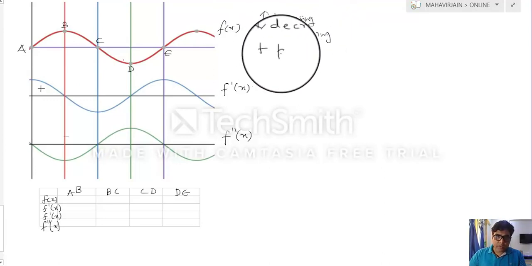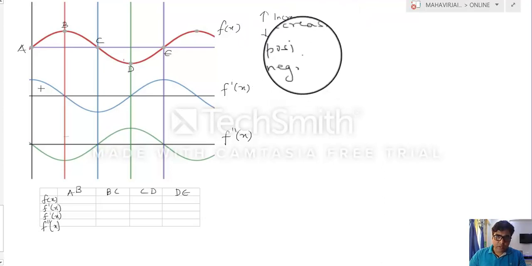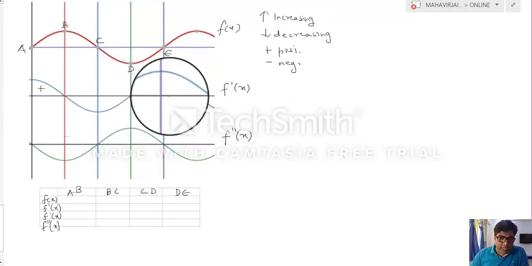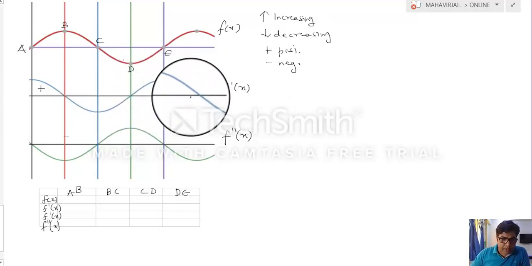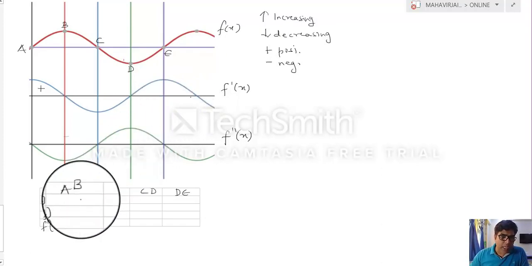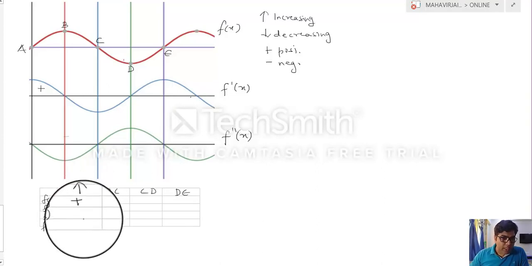Positive, negative. So from point A to B, f of x is increasing, we know it, and f dash of x is positive.